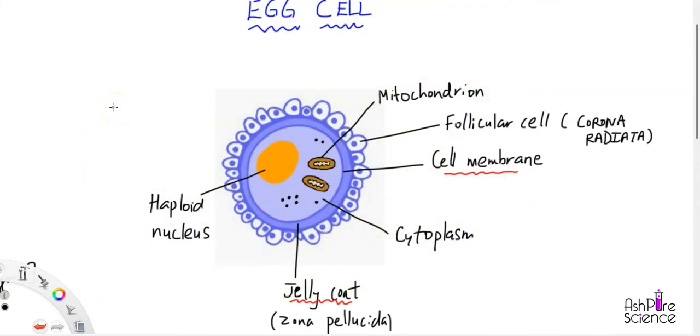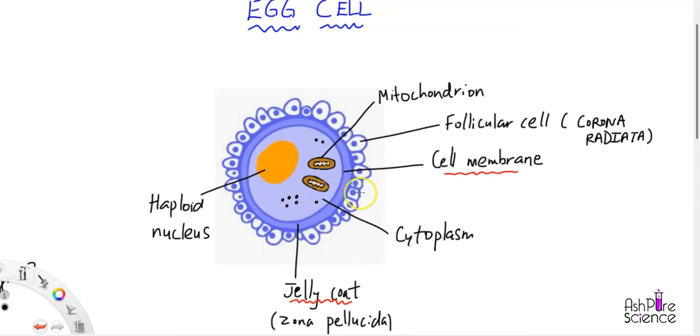Now, on the other hand, you have the egg cell, and it has many adaptive features. Let's have a look at them. First, you'll notice that the egg cell has a cell membrane, right? And that cell membrane is further covered by another layer. This whole layer is the jelly coat.